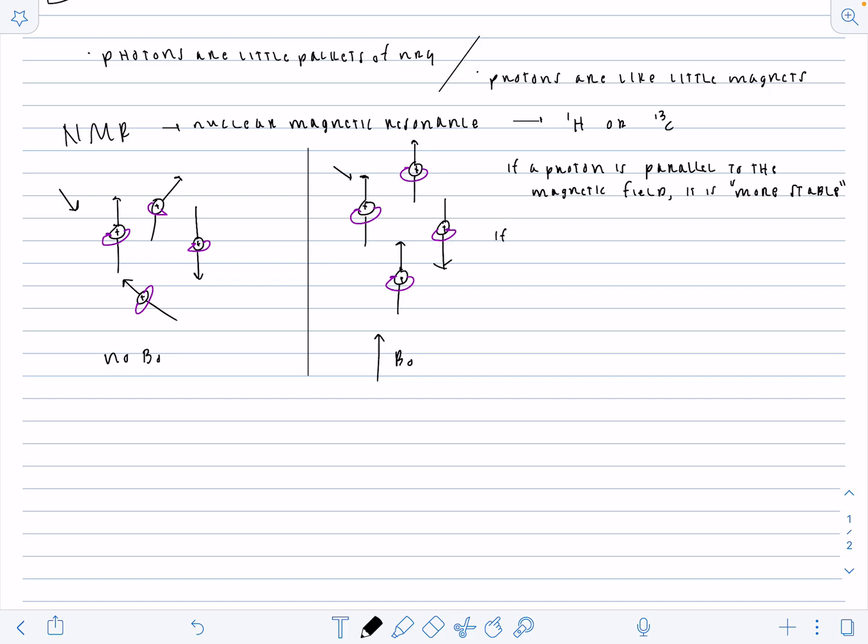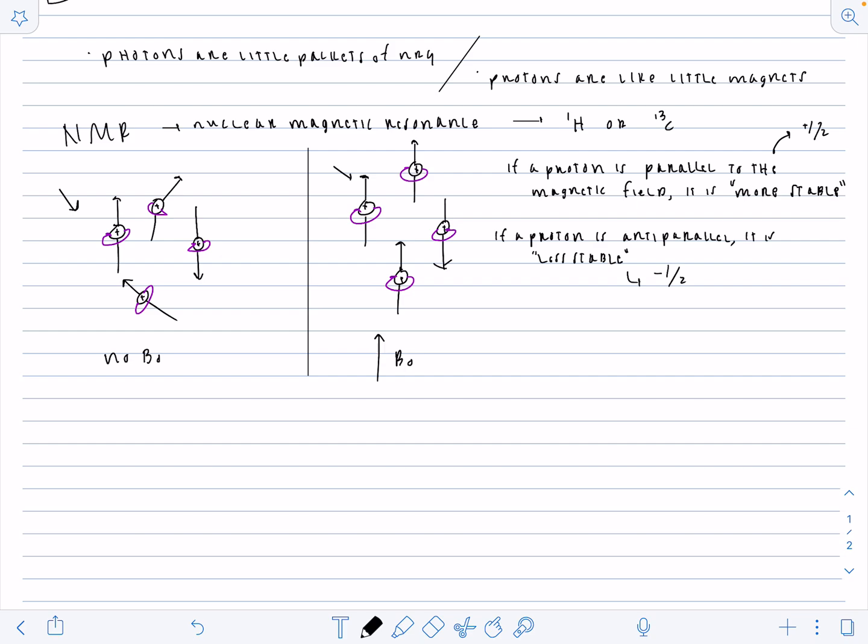But if a proton is anti-parallel, it is less stable. And this is referring to the spin states. And a spin state is a value that we quantize to let us know if the proton is going with or against a magnetic field. If it's going parallel to the magnetic field, then that means that its spin state is at positive 1/2. That looks ugly. But if it's anti-parallel, then it's going to be negative 1/2.